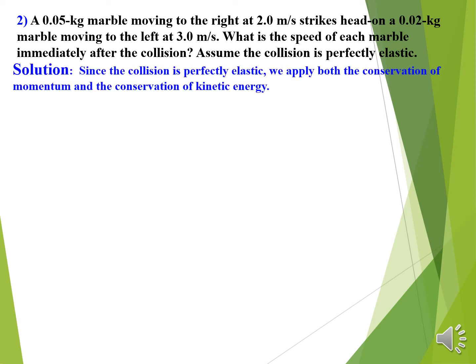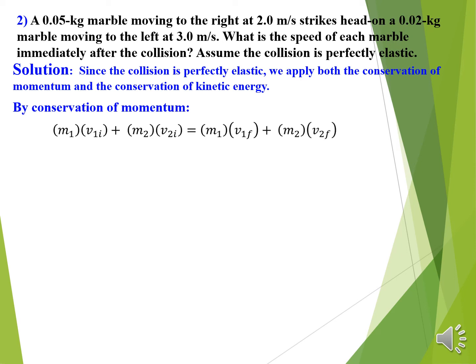Solution. Since the collision is perfectly elastic, we apply both the conservation of momentum and the conservation of kinetic energy. By conservation of momentum, m sub 1 times v sub 1i plus m sub 2 times v sub 2i equals m sub 1 times v1f plus m sub 2 times v sub 2f.